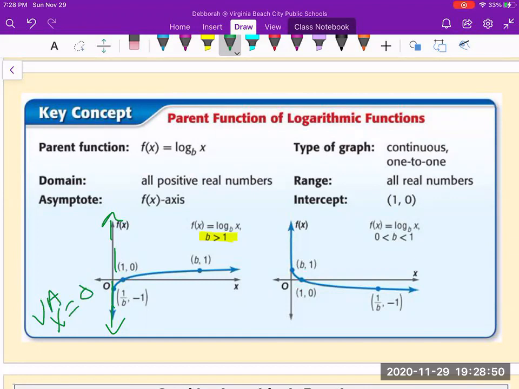However, in the next graph, our base here is between 0 and 1. That indicates that the base is a fraction. When b is a fraction, that causes a reflection over the x-axis.